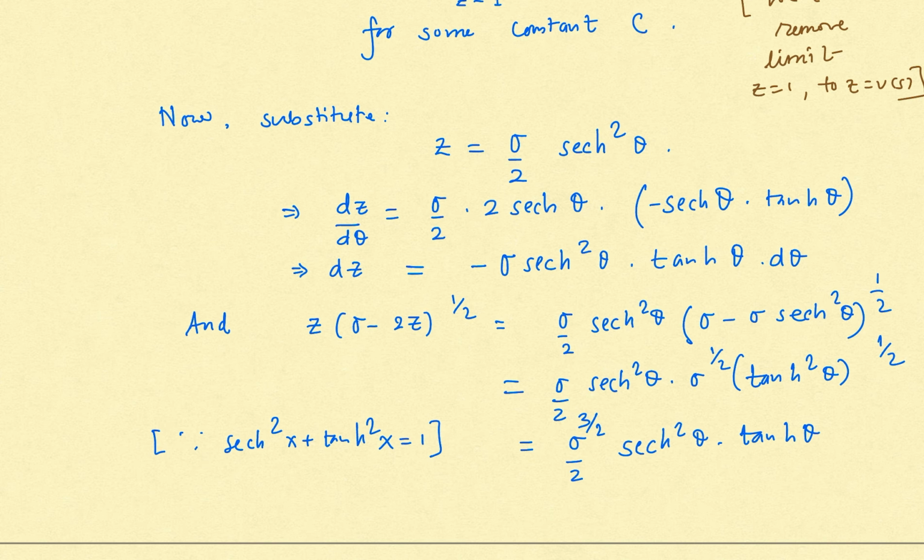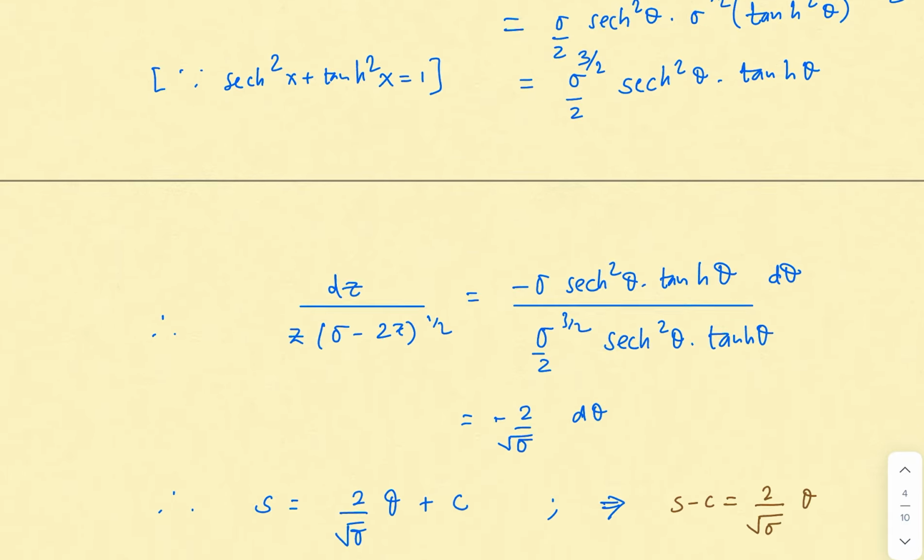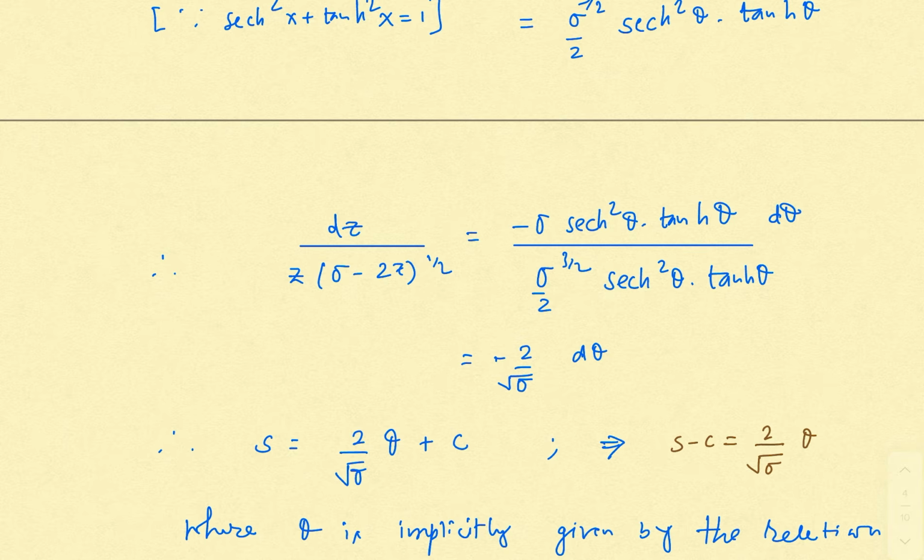And as we know, the hyperbolic functions have the identity sech squared x plus tanh squared x equals 1. Applying this, z times the square root of sigma minus 2z will be this one. That means dz over z times the square root of sigma minus 2z will be negative 2 over square root of sigma d theta.